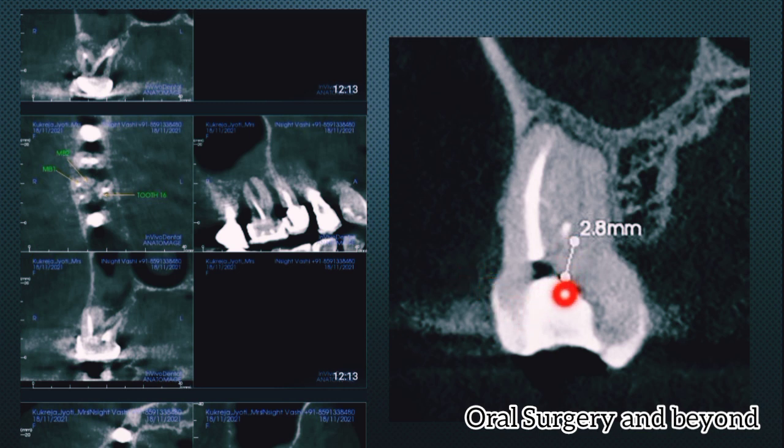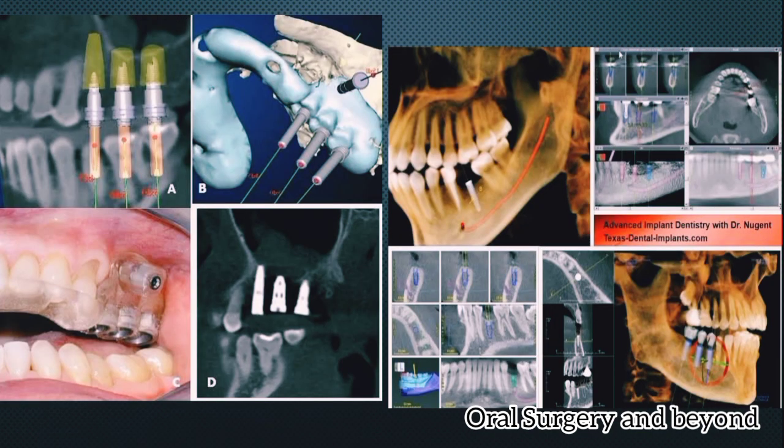Here the accessory canal is present almost 2.8 millimeter on the buccal to lateral side. Here you can see the MB1 and MB2 canals are present, and the MB2 canal is not obturated. So for such minute detailing, it's also helpful in endodontic cases.